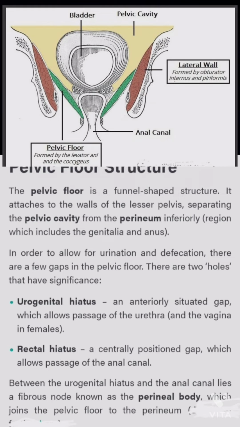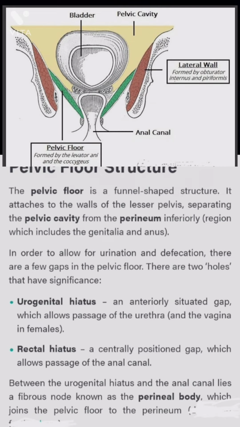So it separates the pelvic cavity from the perineum, the inferior region of the genitalia and anus. The anus is where you pass your stool. In order to allow for urination and defecation, there are a few gaps in the pelvic floor. There are two holes that have significance.